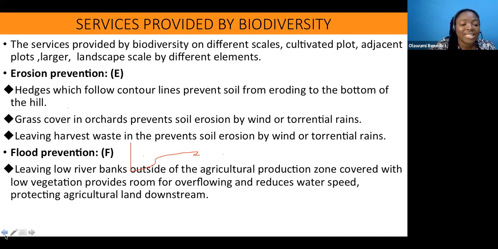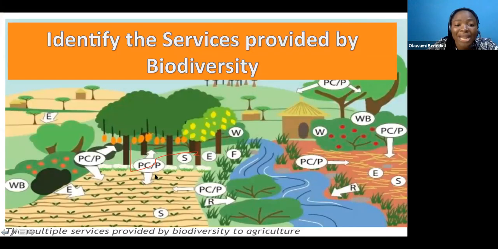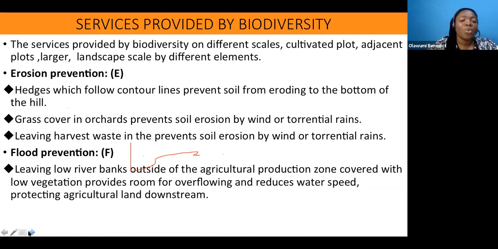So when we have hedges, and what are planted in the hedges, some of them are flower strips, some of them are trees itself, some of them are grasses. When we do all this, we are trying to stop, like Mr. Joe said, the soil from eroding to the bottom of the hill. And we know when erosion takes place, it takes away all our topsoil.